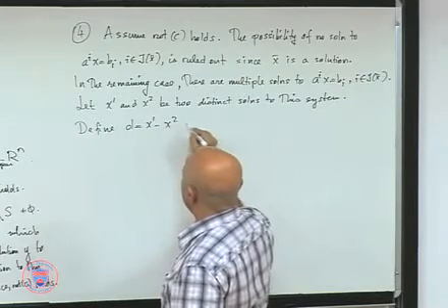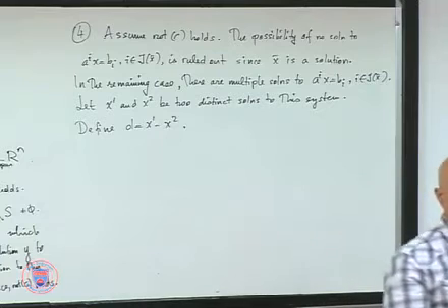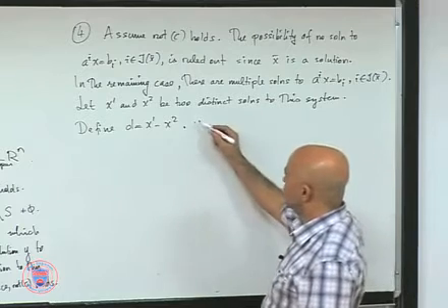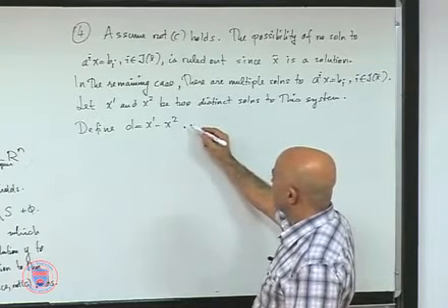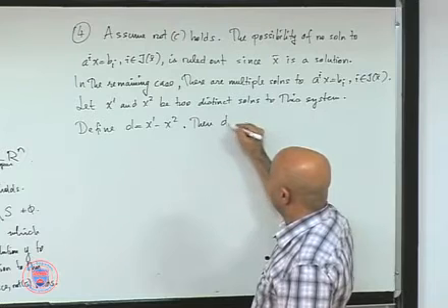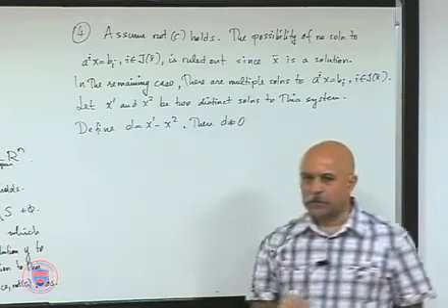So let's define D to be the difference of x1 and x2. Since x1 and x2 are different, D is non-zero. It cannot be equal to 0.